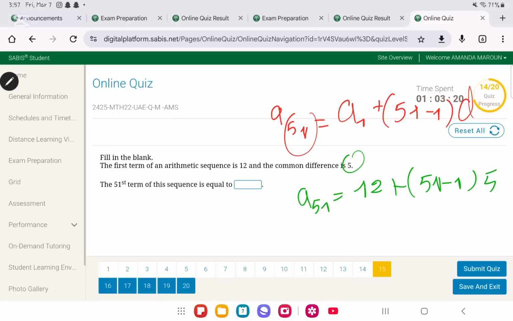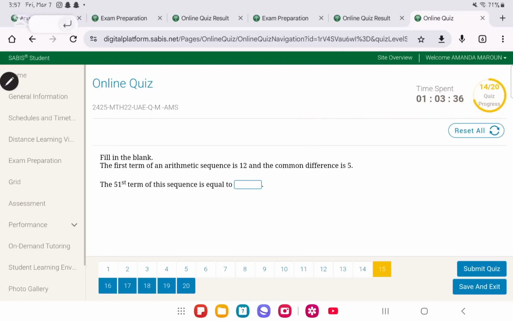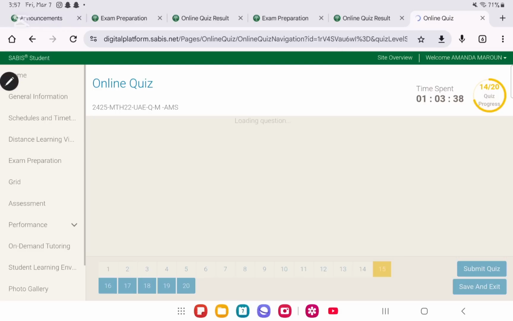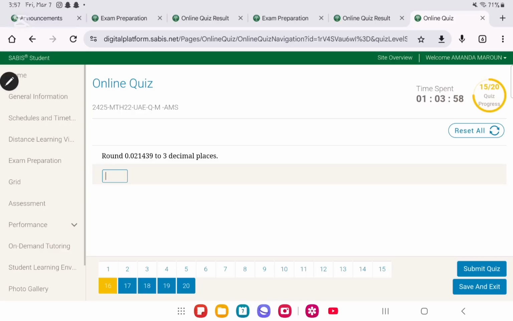So 12 plus 51 minus 1 times 5, put it on your calculator, you will get an answer which is 262. So we move on to the next question, which is question number 16.